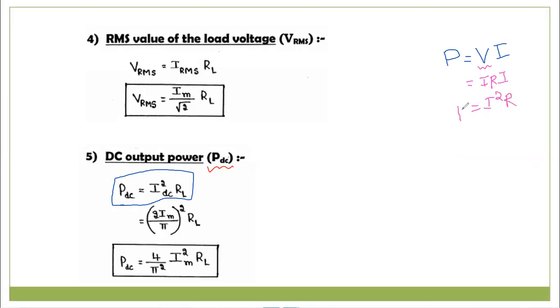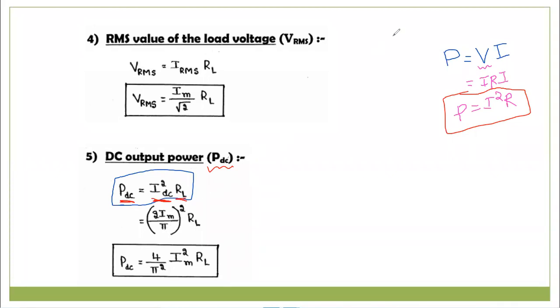Now I'm using that formula: power is equal to I square into R. I'm calculating for DC, that's why it is represented with PDC, and the current used here is DC only, so it is IDC square into the same load RL. Now we already know that IDC is nothing but 2 Im by pi.